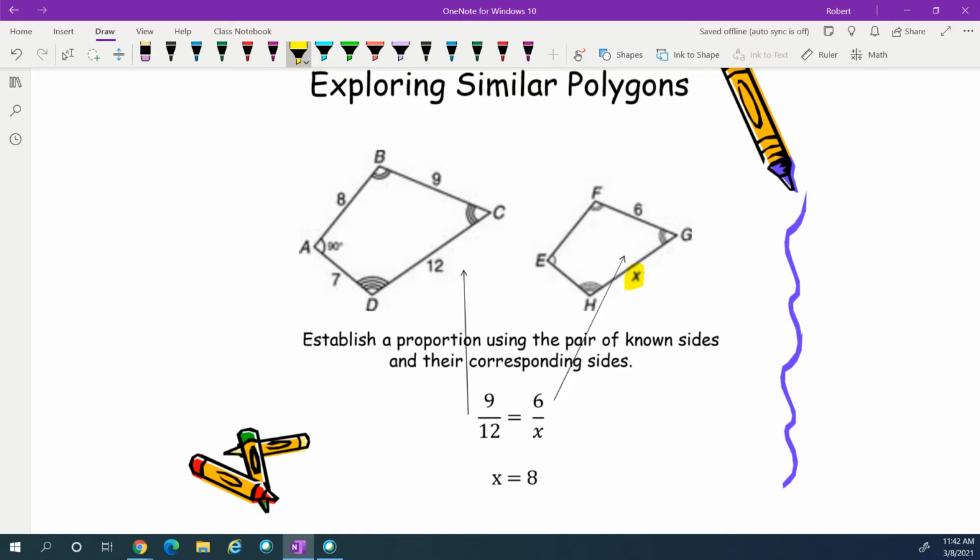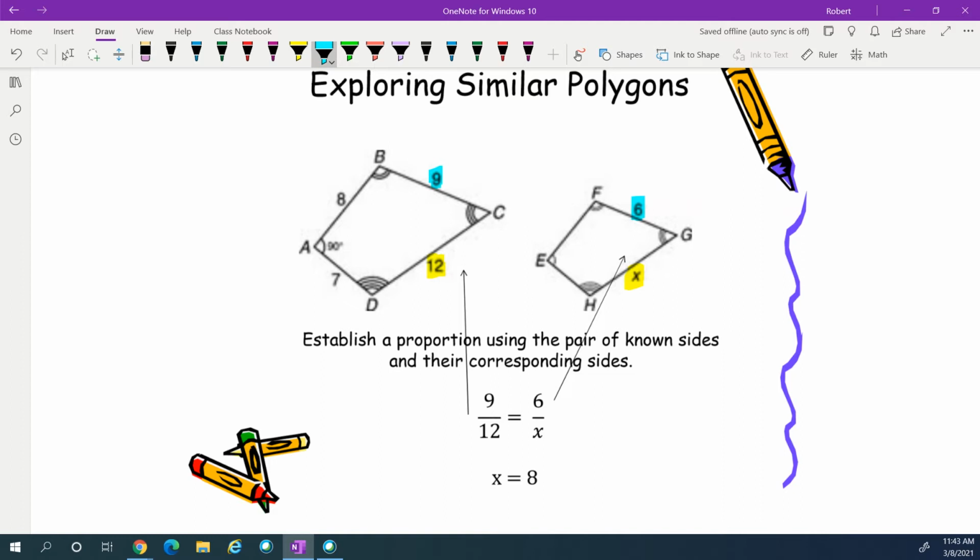That corresponds to the 12. So those are the corresponding parts of those two polygons. In the second polygon, we have the 6. Well, that corresponds to the 9. So now we know the 4 things that are going to go into the proportion.